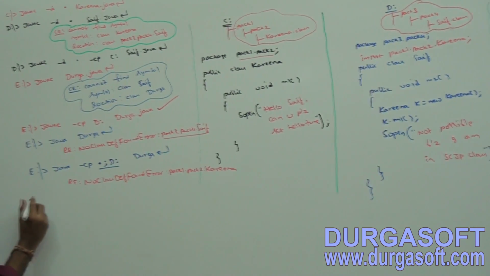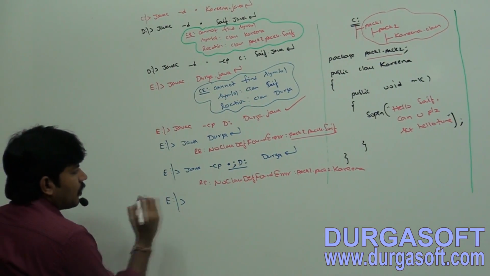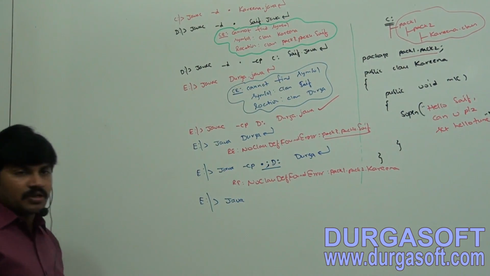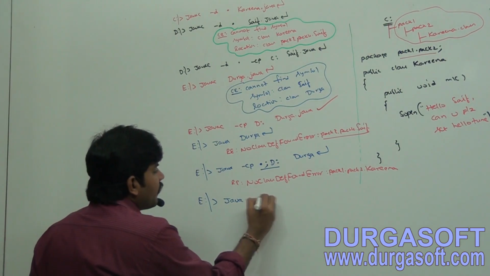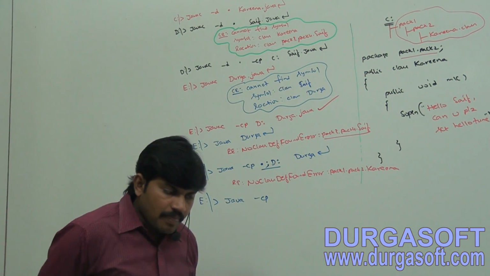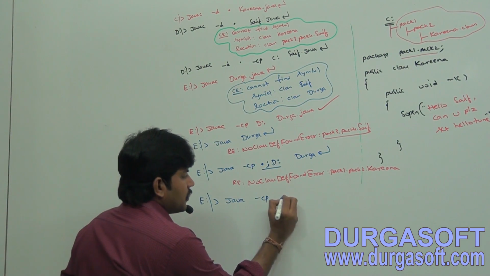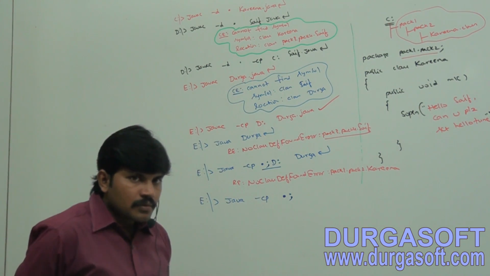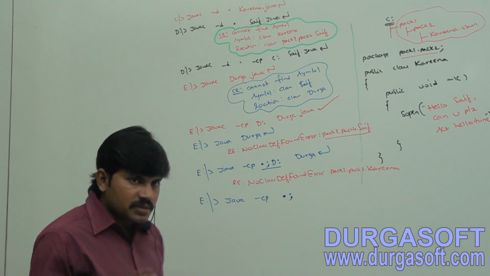Now I have to specify E colon, Java. Take a bit of special care. E colon Java, -cp. First, which thing is required? Durga. That's why dot semicolon. Durga requires which one? Saif.